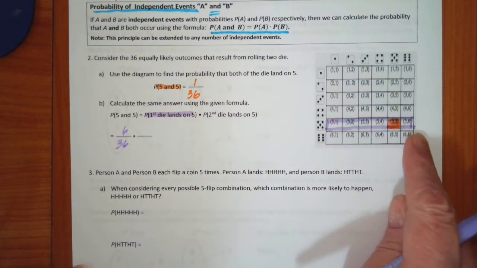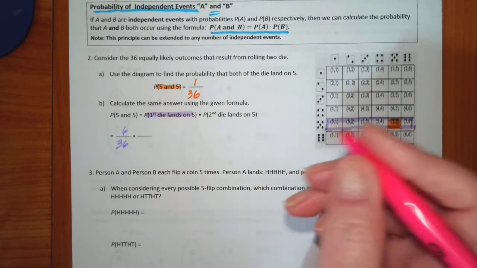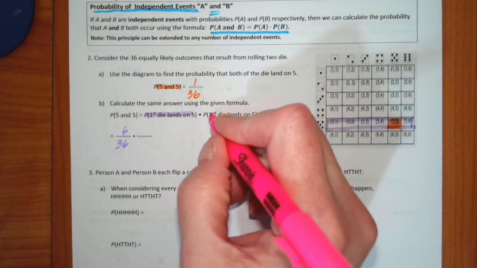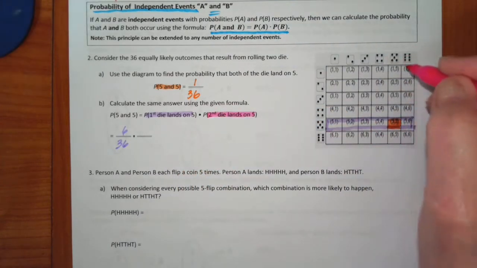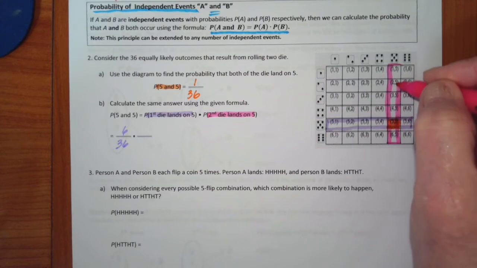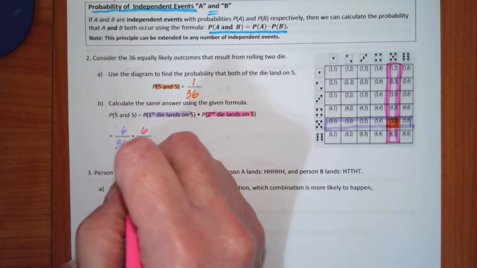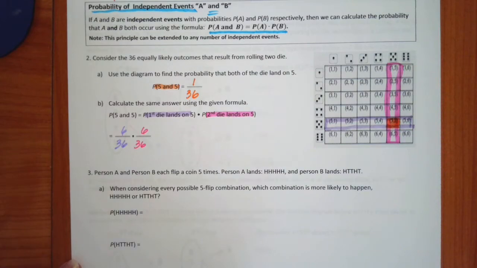There are 6 ways that can happen out of the 36 possibilities. Okay. Then we're going to look at the probability that the second die lands on a 5. Well, if I look here, those are these here. So that probability is also 6 out of 36.